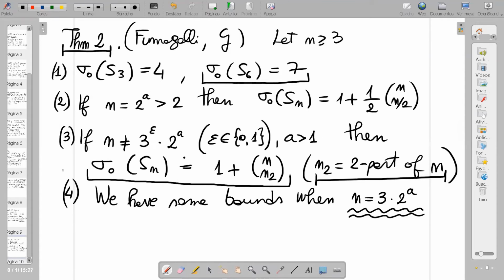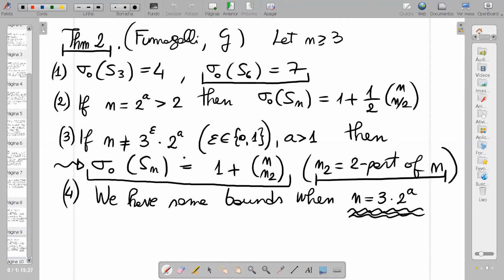I want to concentrate on the case when n is not a power of 2, and also is not of the form 3 times 2^a. First of all, you see that this 2 appears everywhere, in all the cases. If n is a power of 2, if n is not a power of 2, there is something special about 2.